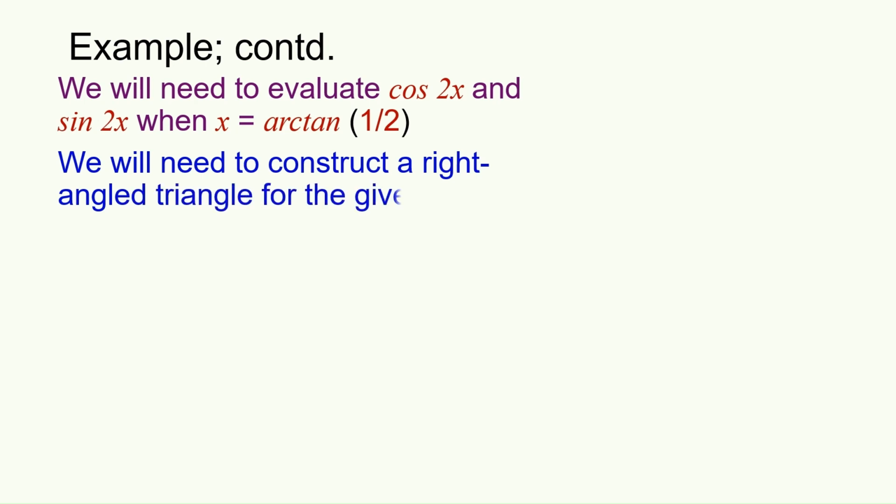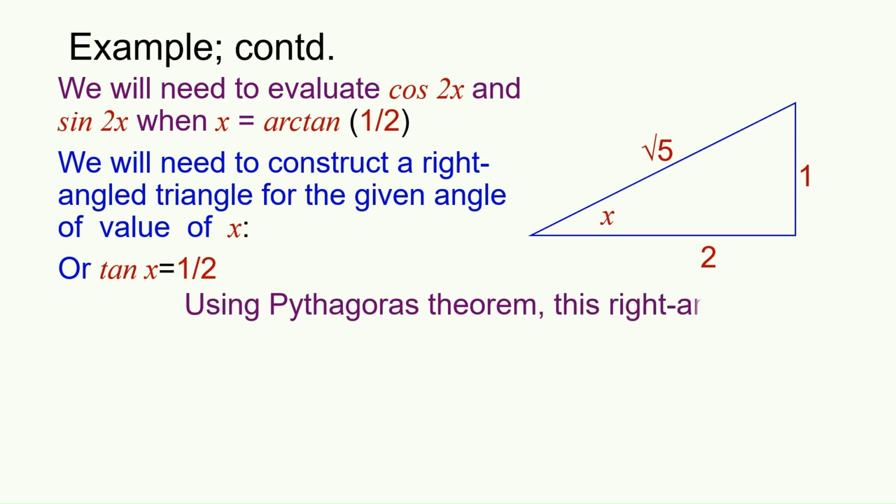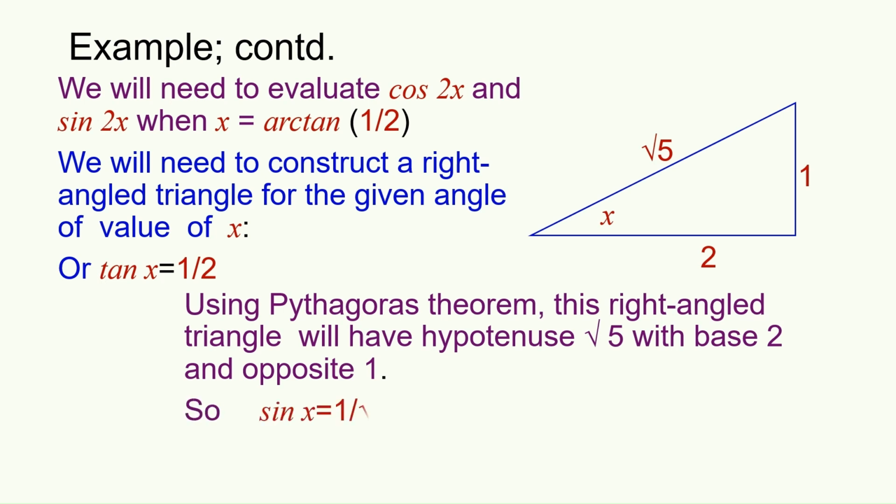We will need to construct a right-angled triangle for the given angle x, where tan x equals 1/2. Using Pythagoras' theorem, this right-angled triangle will have hypotenuse square root 5 with base 2 and opposite 1. So sin x equals 1 divided by square root 5 and cos x equals 2 divided by square root 5.